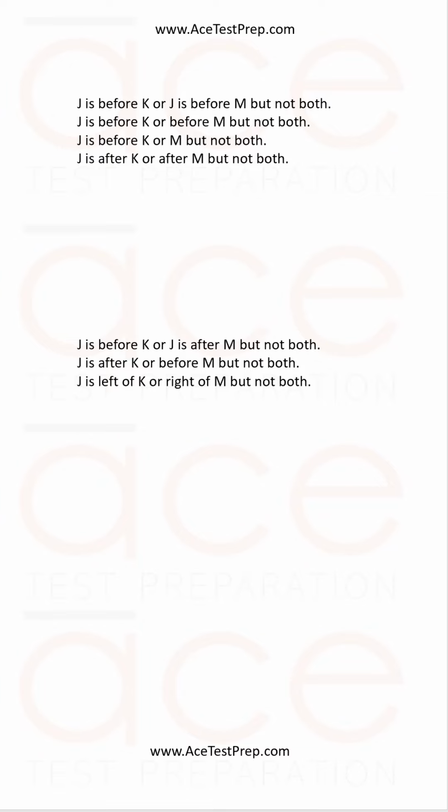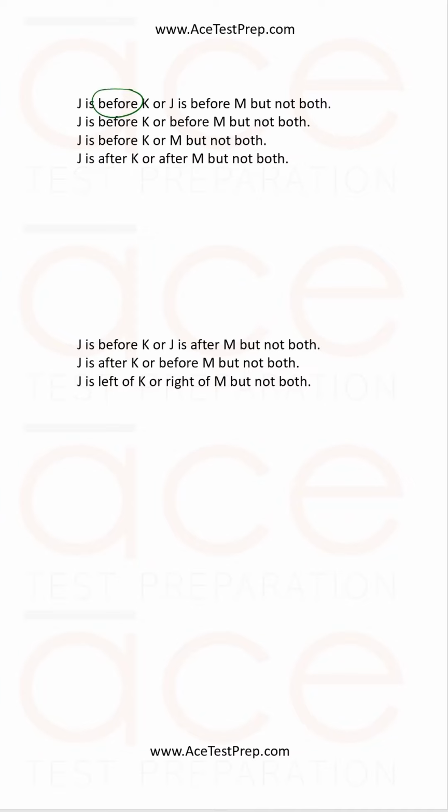Now, in the top scenario, I've listed 4 different ways that they will list a pattern where it is saying before K or before M, but not both. And if you notice, the last example says J is after K or after M, but not both. It doesn't really matter whether it says before or after, as long as the two words are matching.